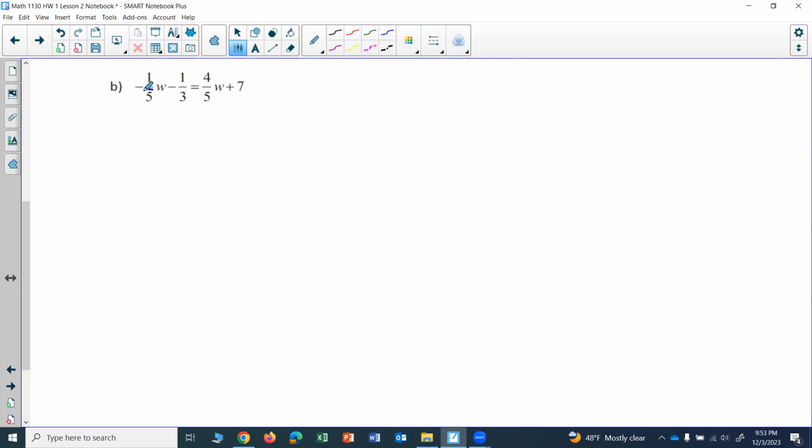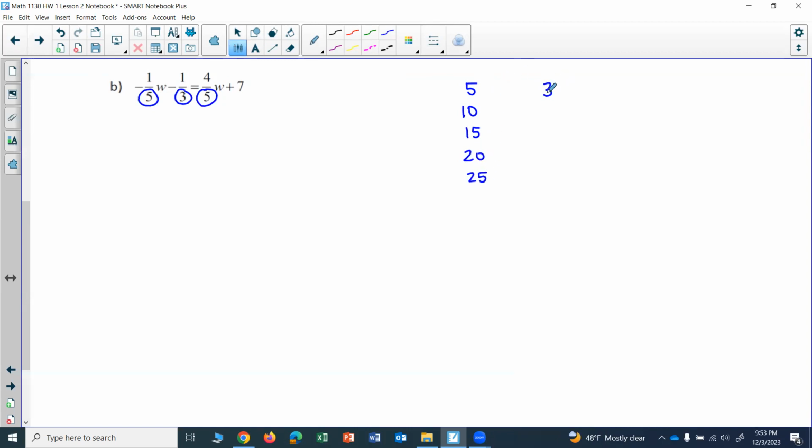So my denominators here are 5, 3, and 5. Now the lowest common denominator is the lowest common multiple of those. So one way to do that is to just list out the multiples. So like 5 times 2 is 10, 5 times 3 is 15, 5 times 4 is 20, 5 times 5 is 25.